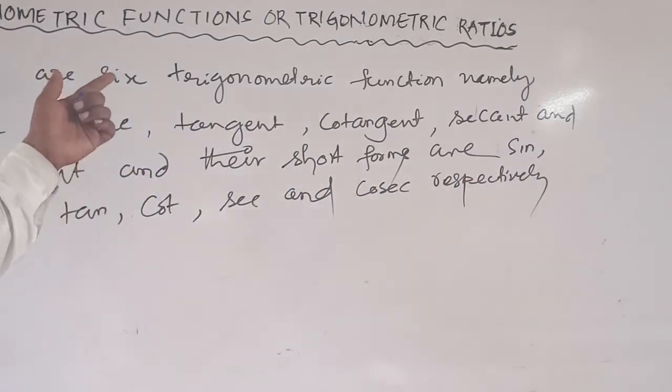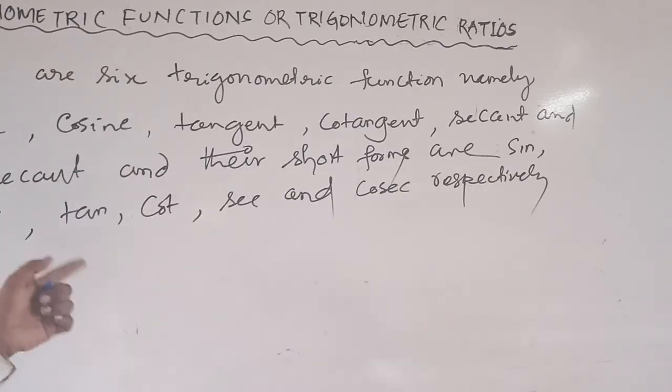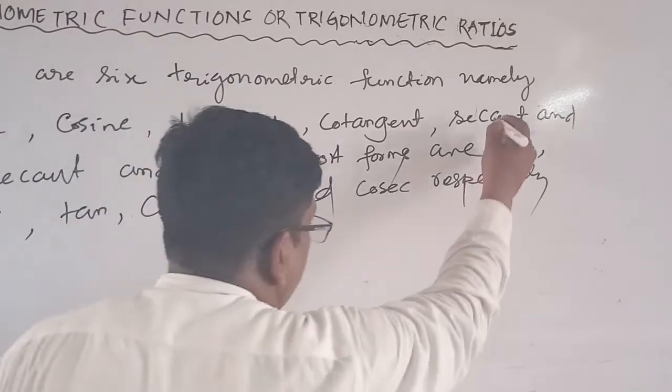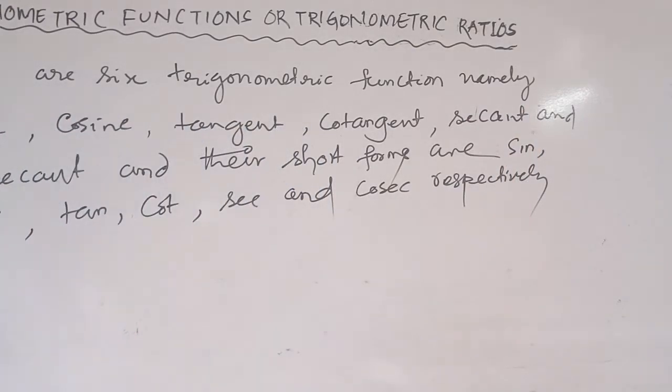There are 6 types of trigonometric functions like sine, cosine, tangent, cotangent, secant, cosecant. Okay, and their short forms are sin, cos, tan, cot, sec, and cosec, respectively.